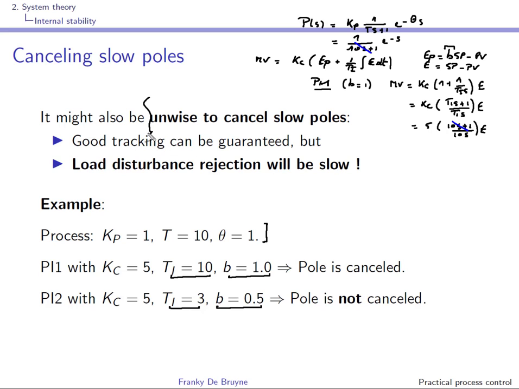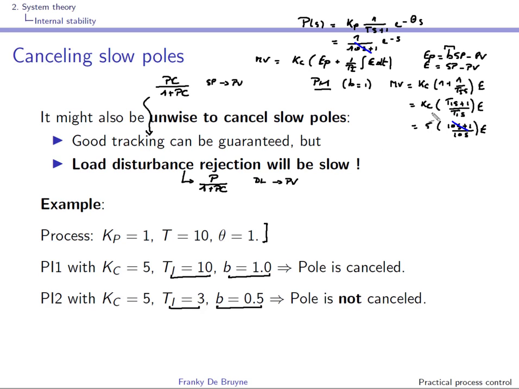Remember that tracking performance is related to the transfer function PC over 1 plus PC from set point to PV. But we will see that the load disturbance rejection will be slow, and this is related to the transfer function P over 1 plus PC, and this is from load disturbance to PV.